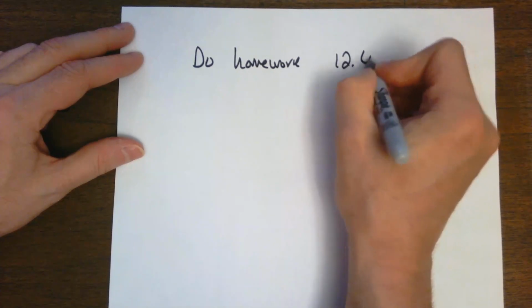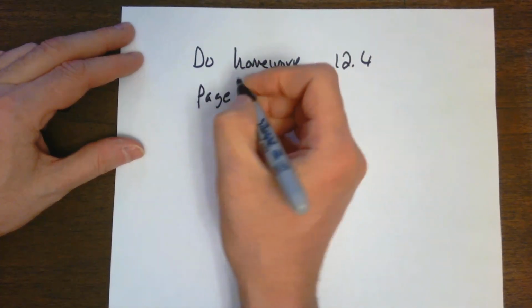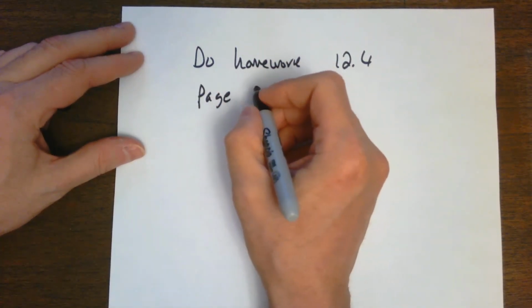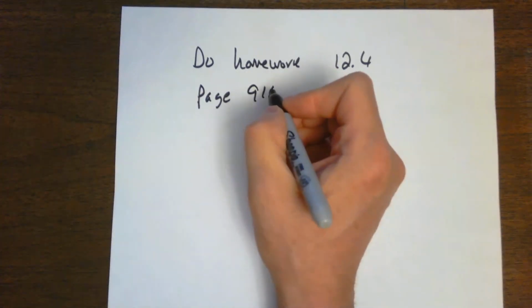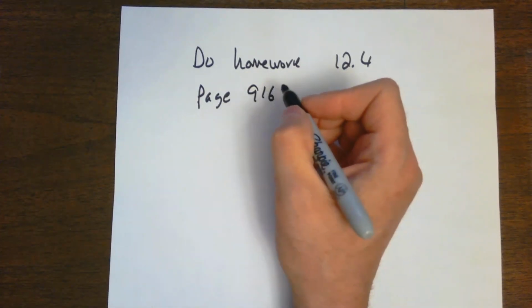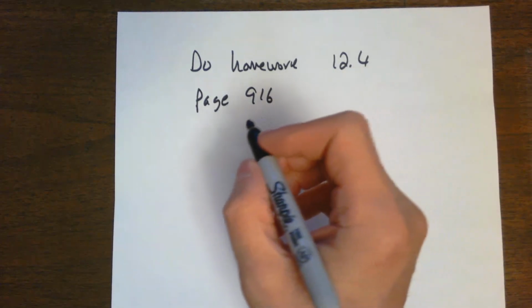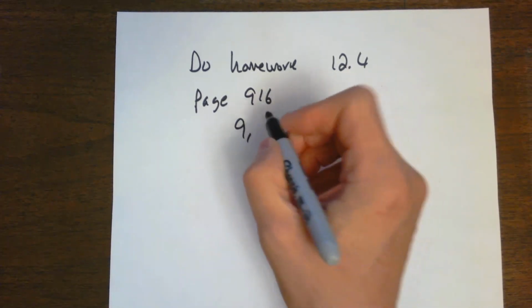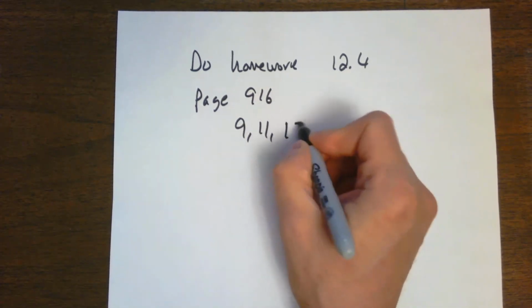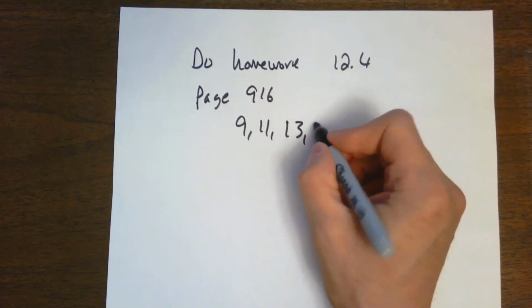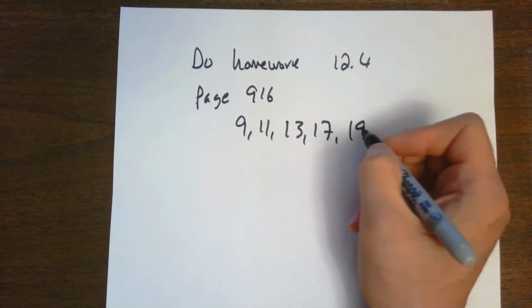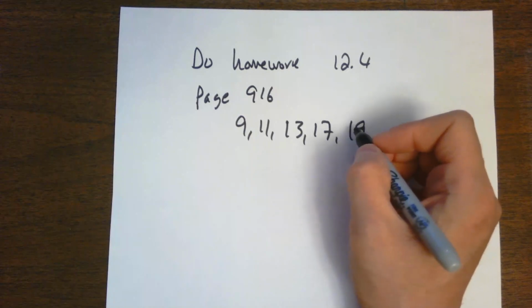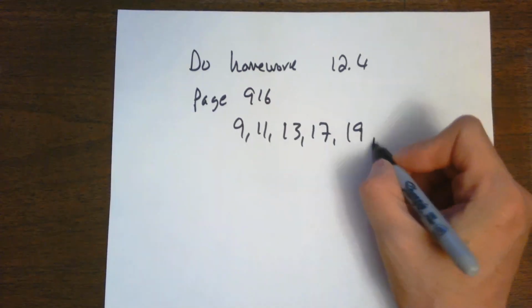All right, so now I want you to do the homework from 12.4. It starts on page 916. And as I said, it really comes in 3 sets here. I want you to do problems 9, 11, 13, 17, and 19, and 25 actually.